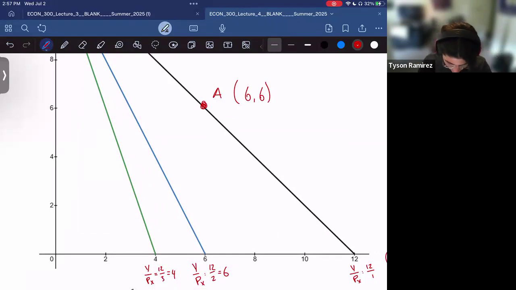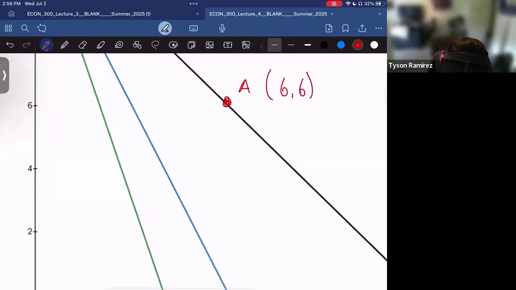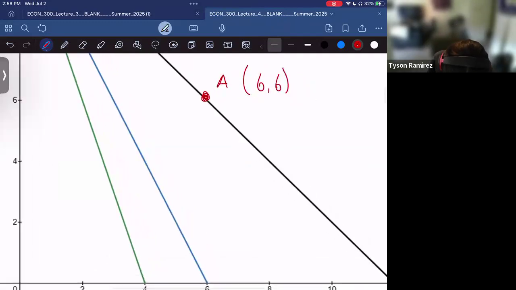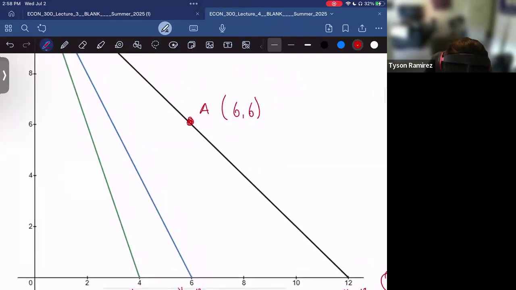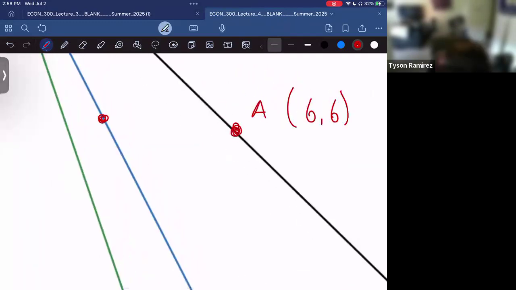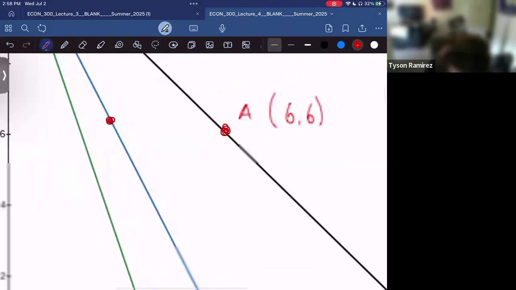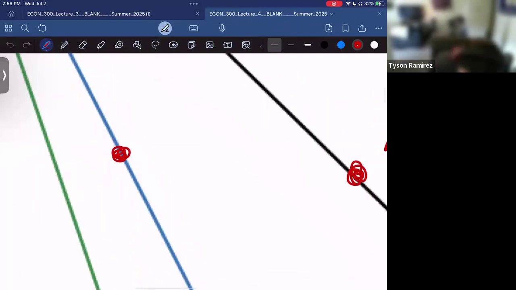And that is going to be represented right here by, we're going to call this point B, roughly right here. Let me make it a little bit more level. The graph is not to scale.